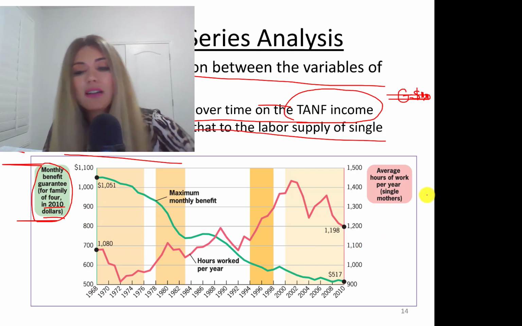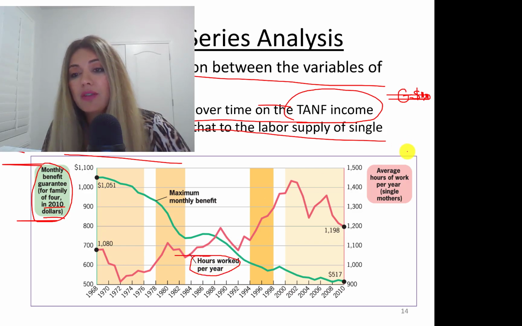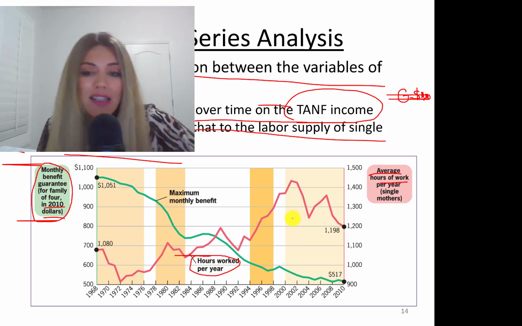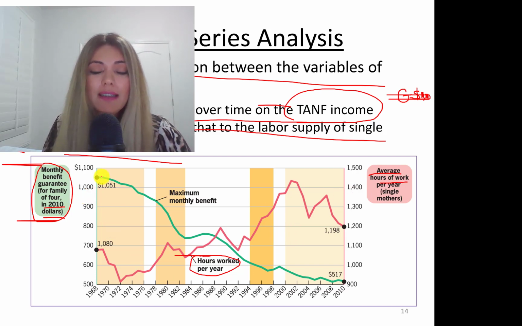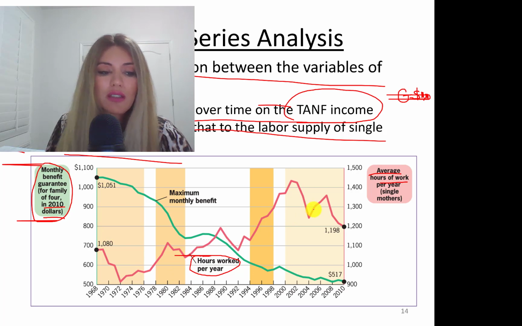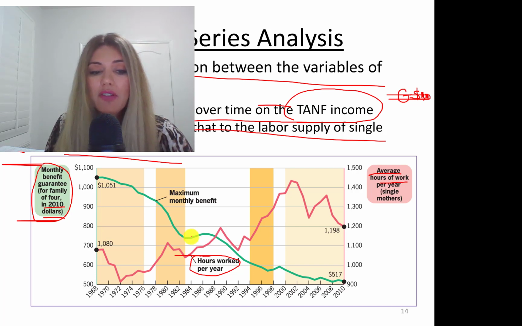Let's take a look at the other, red curve. So this is hours worked per year. This is the average hours of work per year by single mothers. So as you can see, if you look at this graph, maximum monthly benefit and hours worked per year, real benefits have declined dramatically over time and average hours have risen substantially.